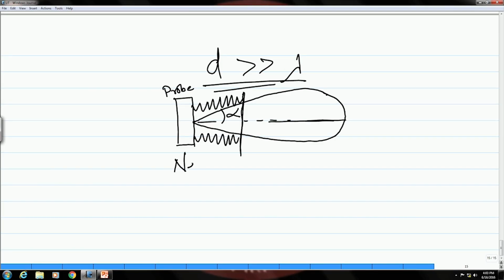In the region where you have a lot of fluctuations near the transducer, that is called the near field, and the region away from the transducer where the beam becomes more uniform is called the far field.